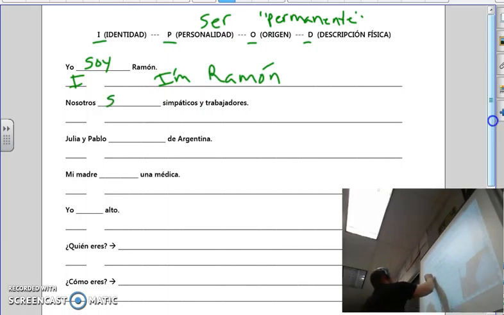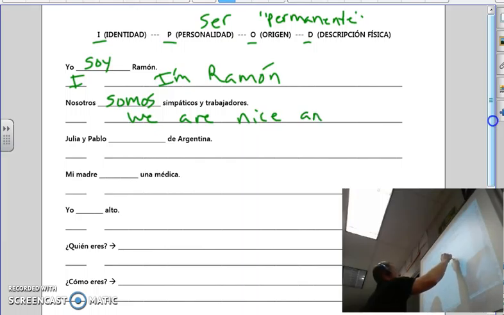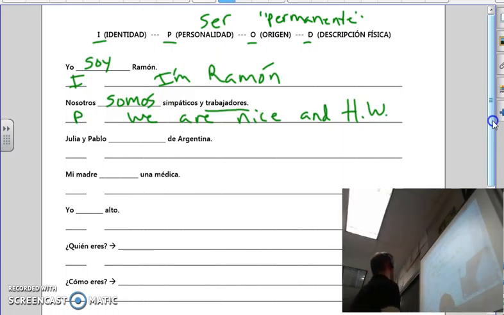Nosotros, conjugate ser here. Somos. We are nice and hard working. This is the word hard working, hard worker. This is a personality. If you're a nice person and you're hard working, that's your personality.